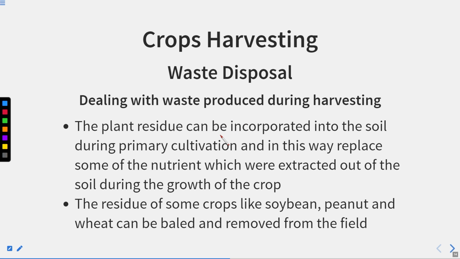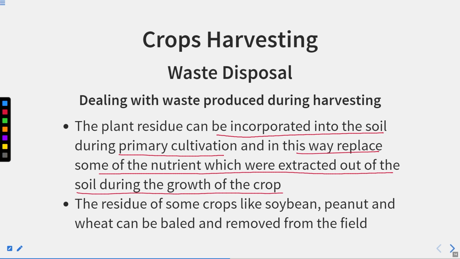The plant residue can be incorporated into the soil during the primary cultivation, and in this way replace some of the nutrients which were extracted out of the soil during the growth of the crop. Now this can also be done. This is again one of the methods. Suppose you have this field and you are growing some crop there.